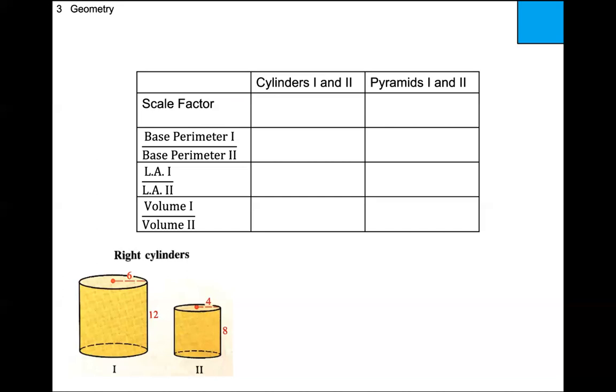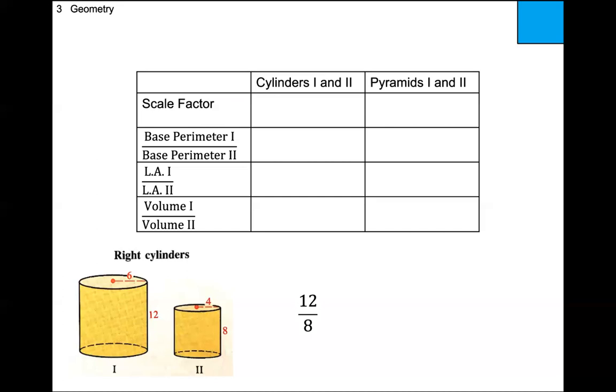So I could pick the radius, right? It would be 6 and 4, or I could pick the height, 12 and 8. It doesn't matter which one I choose. So for instance, if I choose the height, and it says the scale factor, if I do 1 to 2, that would be 12 over 8. You see where I'm getting those numbers? I just pick one of the dimensions and its corresponding dimension on the other shape.